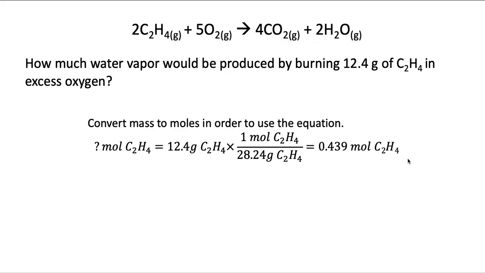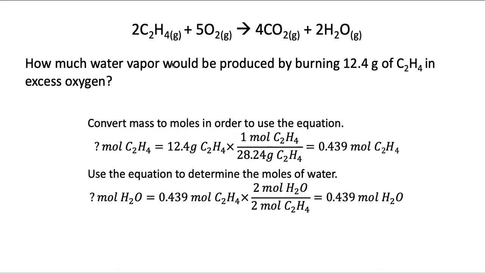Now that I have moles of C2H4, I can go up here and use this balanced chemical reaction to relate the moles of C2H4 to moles of water vapor. Pretty easy now. Okay, I go to the equation to determine the moles of water. How many moles of water do I have?